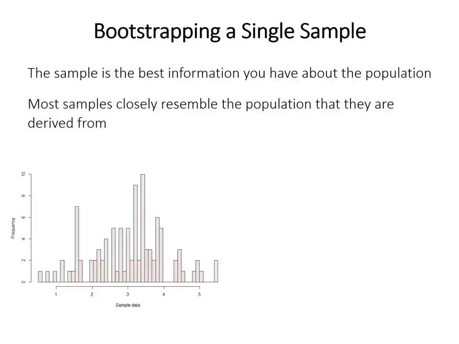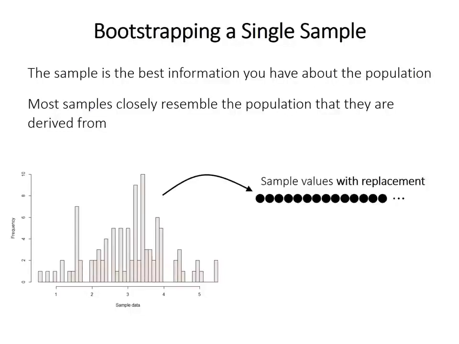And essentially what we can do is we can resample this data with replacement. So sampling with replacement means that when we draw a value, we sort of put it back into the pool, we can draw it a second time. So we can resample a single observation more than once. And because some observations might be sampled twice or three times or even more, others may not be sampled at all.